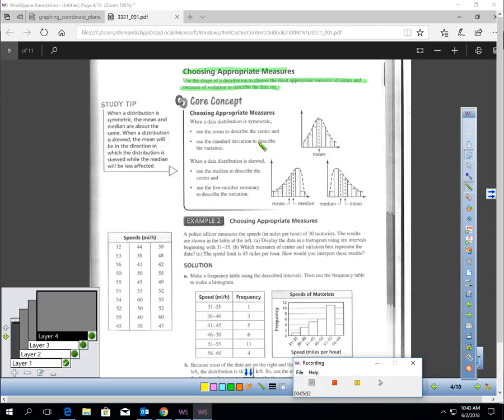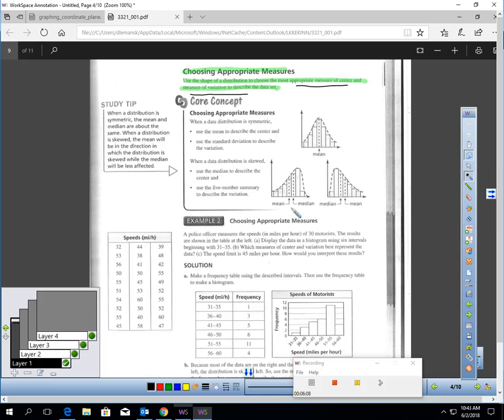Now, when you draw a histogram, we have to know what measures would be best to approximate the center of the data and the best measure of variation to describe the data.